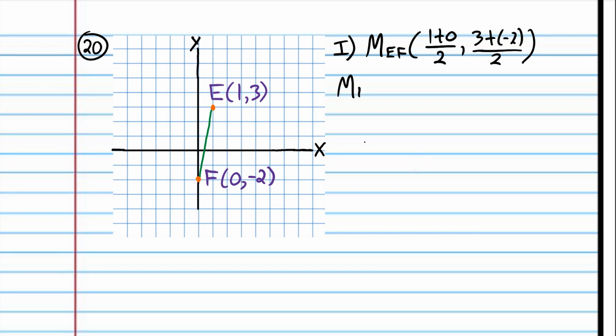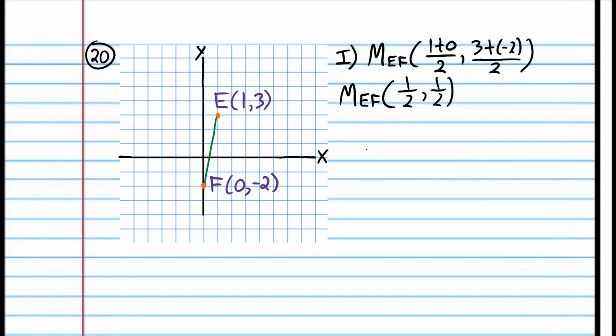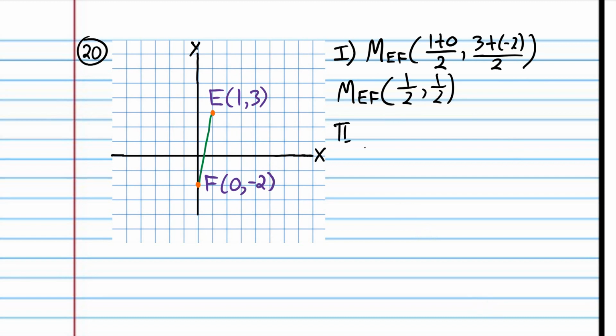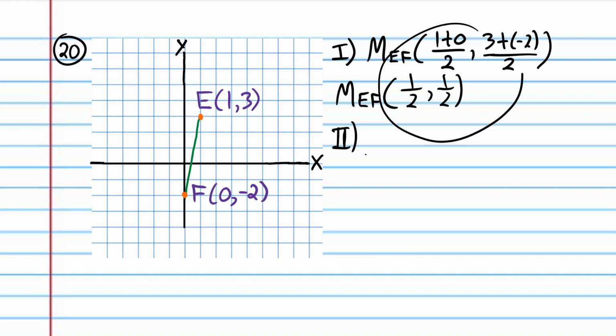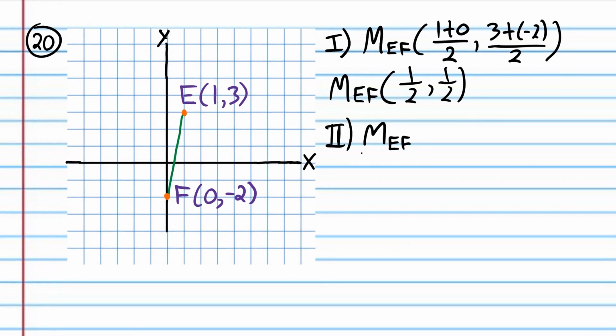And that equals 1/2 and 1/2. So we have that midpoint. Now we need to find the slope, because we have a point on the line now. That's a point on the line. Now we need the slope of the line. So finding the slope of EF is going to help us find the slope we're looking for.